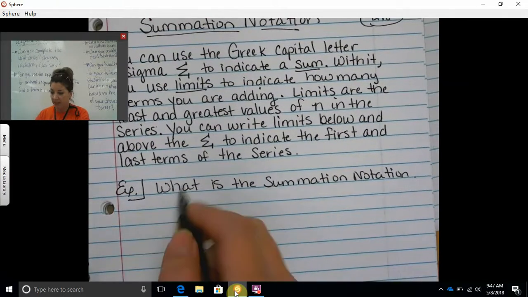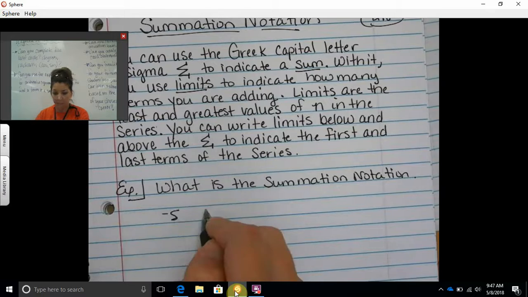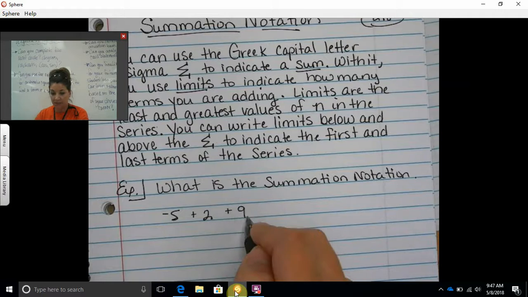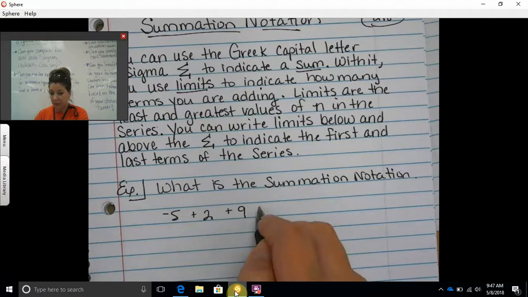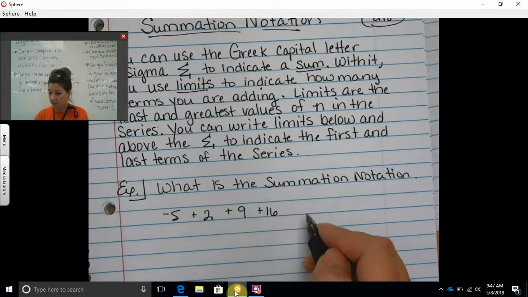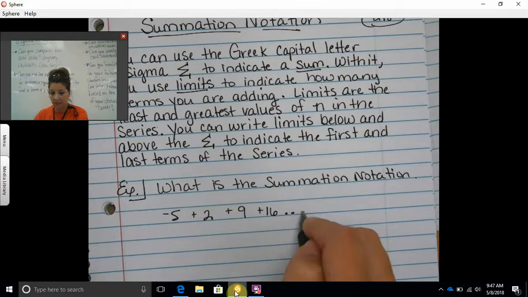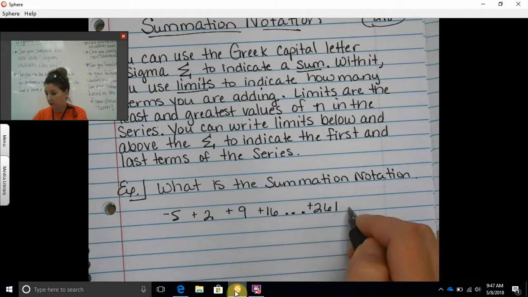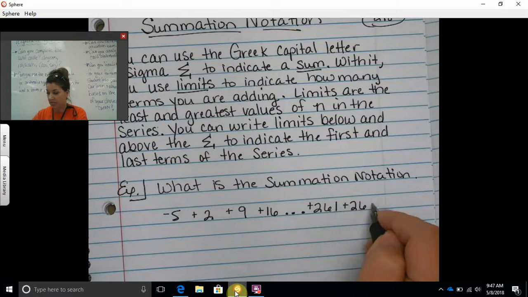And we have negative 5 plus 2 plus 9 plus 16 plus 261 plus 268.